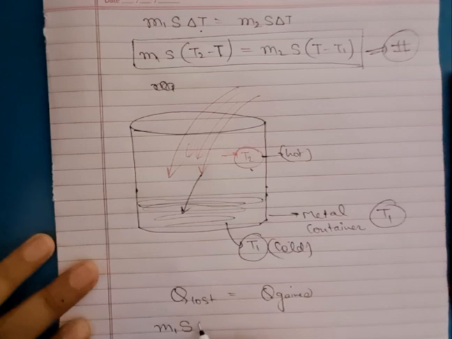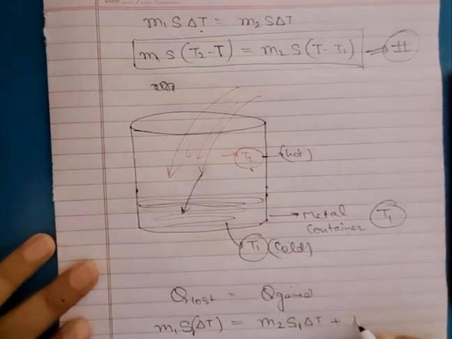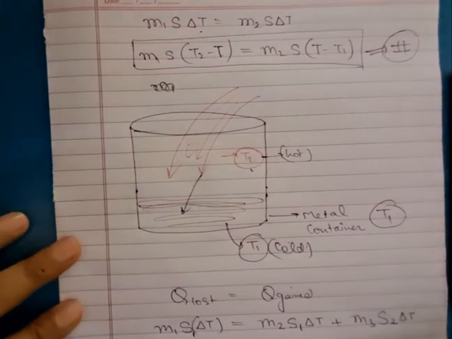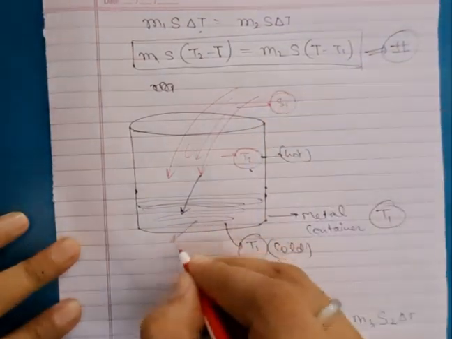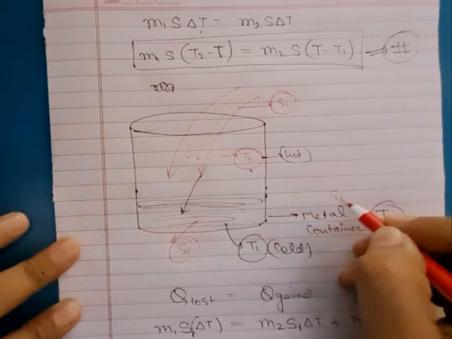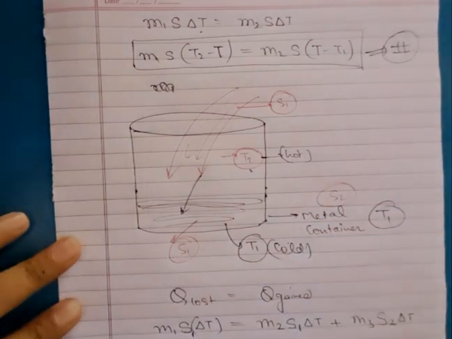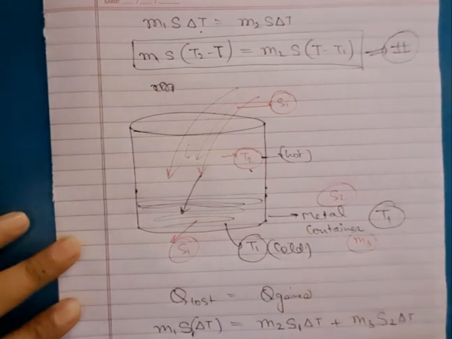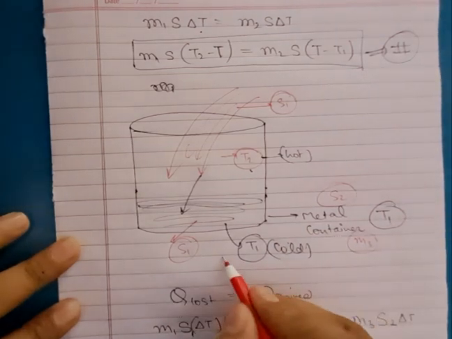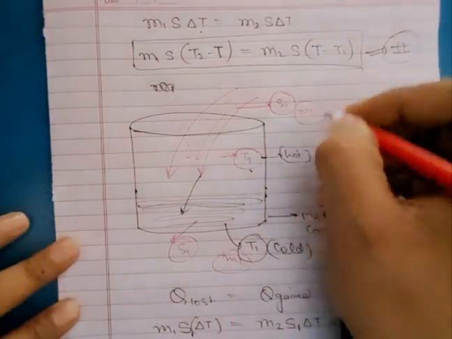So m1 s delta T equals m2 s1 delta T plus m3 s2 delta T. What are s1 and s2? s1 is the specific heat capacity of the water, but s2 is the specific heat capacity of this metal. Okay? So the metal container also has some mass. Let this be m3, let this be m2 and let this be m1.